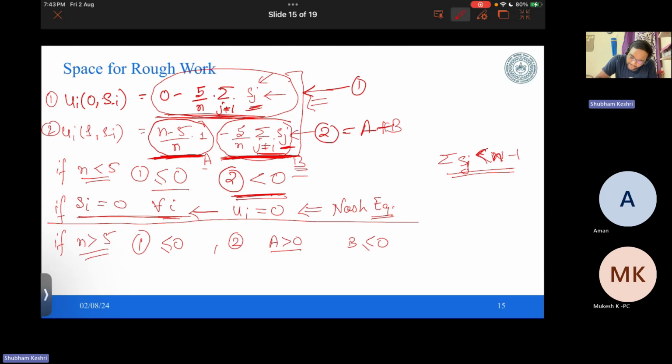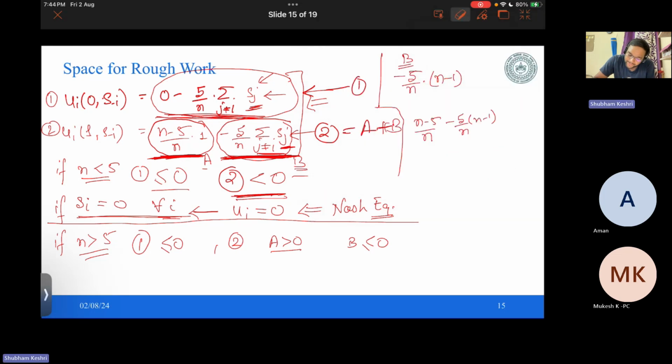So what will this value be? It will be minus 5 by n times n minus 1 at max. That is term B. And what is term A? Term A is actually n minus 5 by n, and term B is at max minus 5 by n times n minus 1. Right?